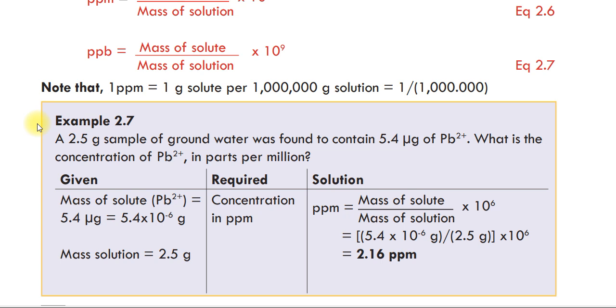For example, a 2.5 gram sample of groundwater was found to contain 5.4 microgram of lead.